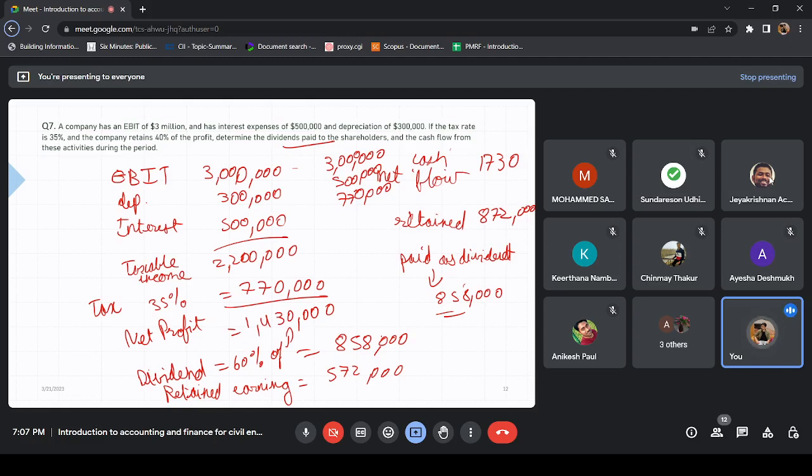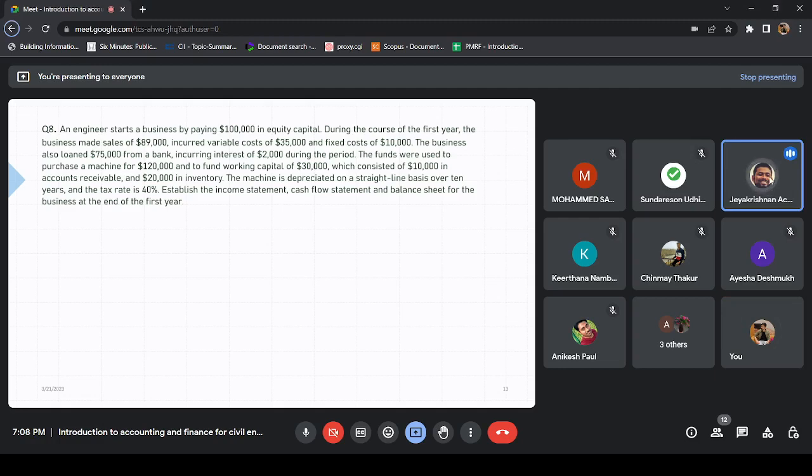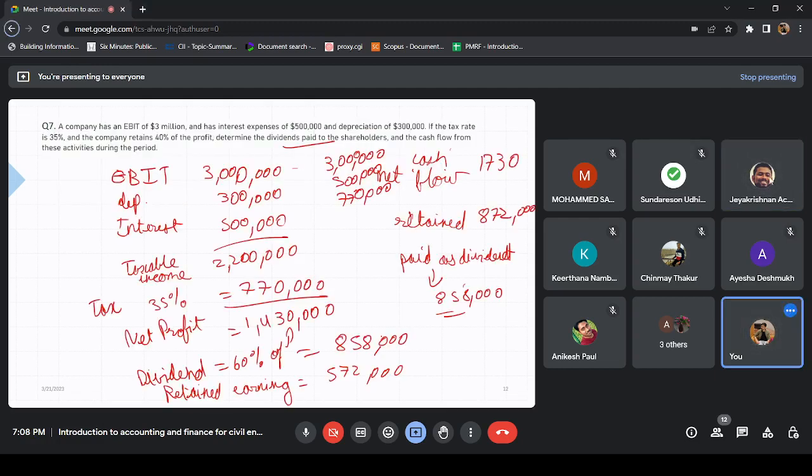So you have got retained cash flow as 872. Now moving forward, won't depreciation be captured in cash flow anywhere? No. What is happening is that you have the provision of deducting depreciation from your income to get your net taxable income.